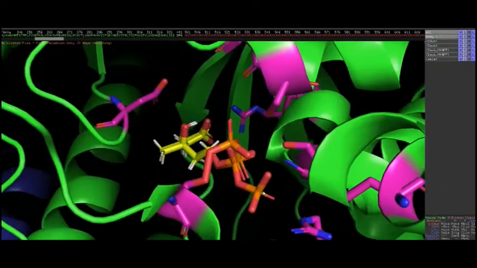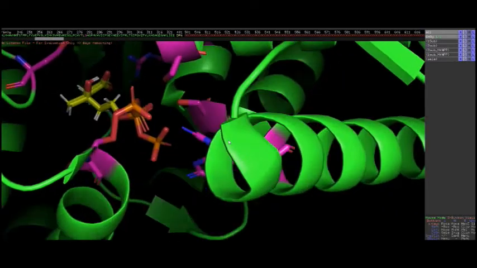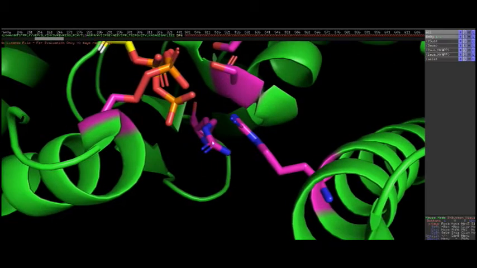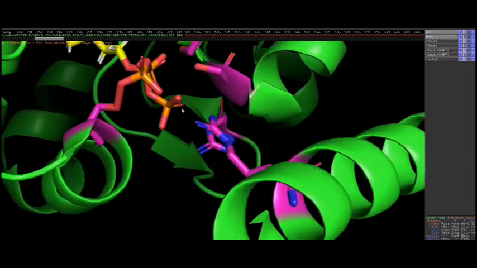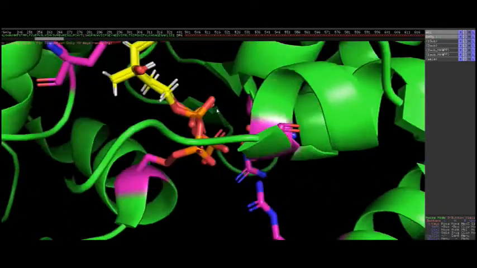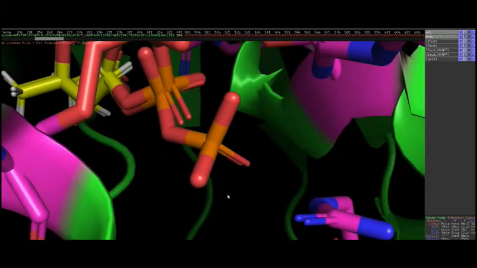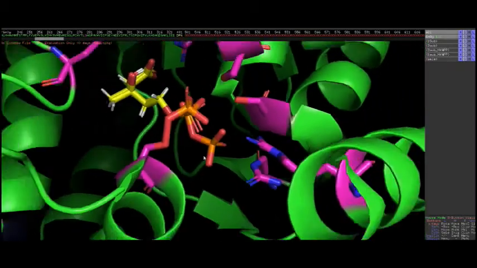And then there's this asparagine here, or these two asparagines, this one right here and this one right here, which, like I said, are both positively charged. So those are stabilizing the negatively charged pyrophosphate or diphosphate here on the mevalonate pyrophosphate.